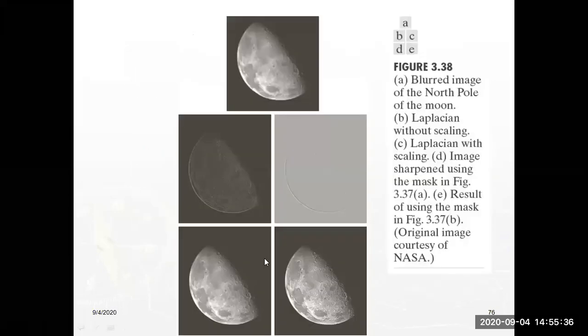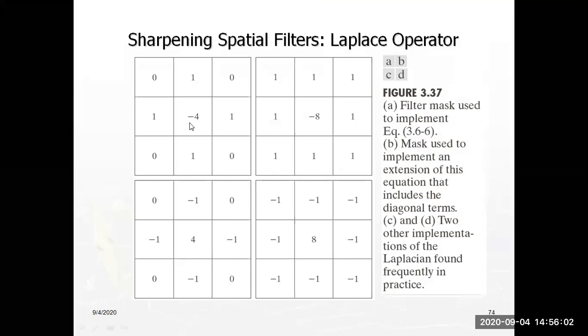And with this condition, I'm operating my first two masks on one image. What is my image? A blurred image. And after that, operating a normal Laplacian without the constant, and after that operating a Laplacian with the constant, and after that I applied the first two masks, that is -4, -8.